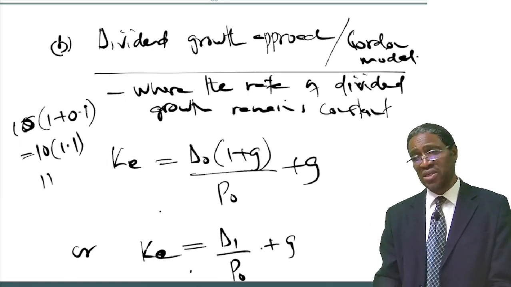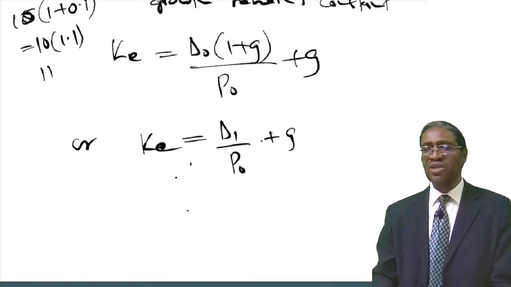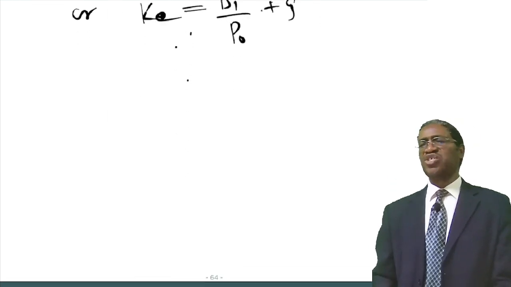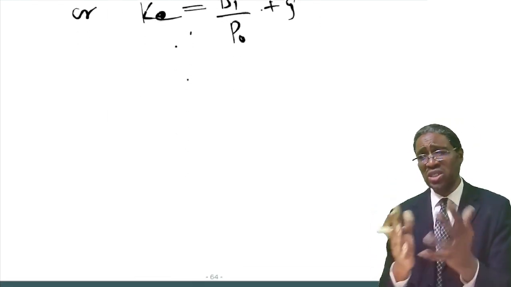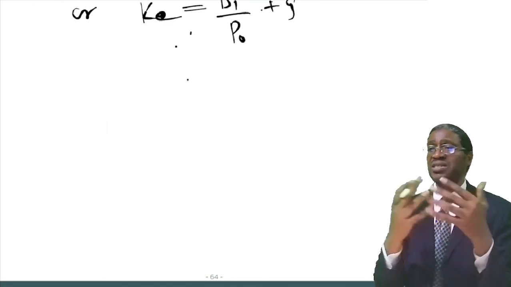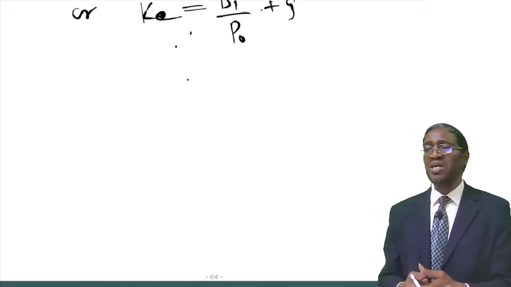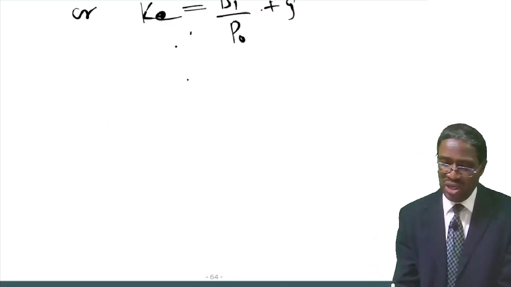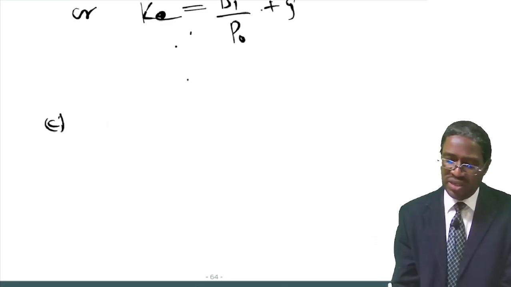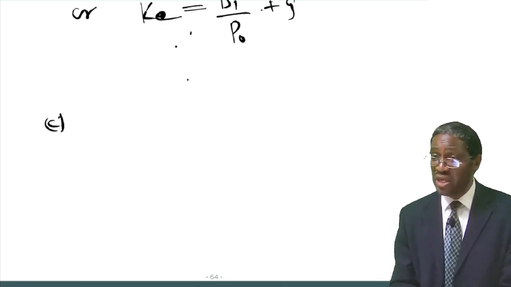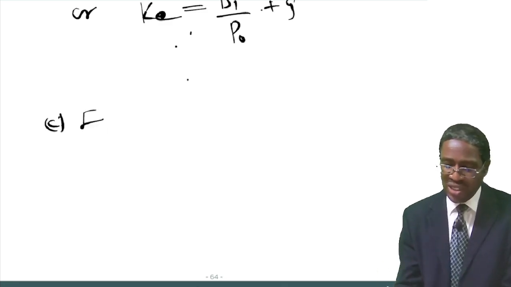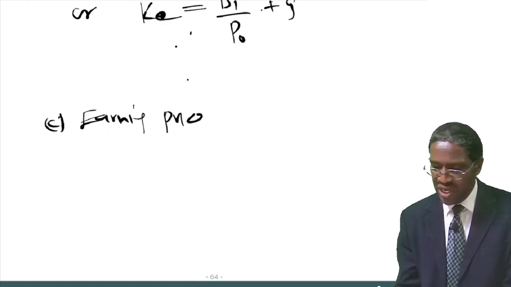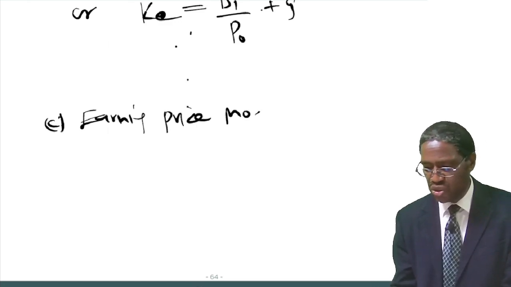Now, what if the investors are expecting some earnings, not in the form of dividends? They are expecting earnings, maybe earnings per share, as their return. So there is another way of computing the cost of ordinary shares, which we call the earnings price approach or model.